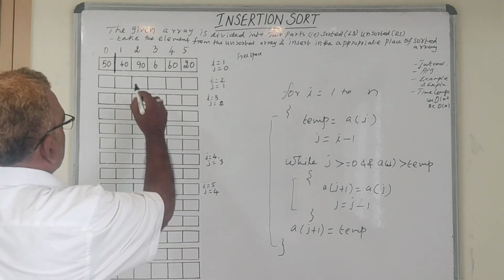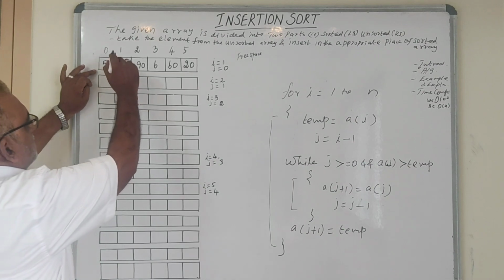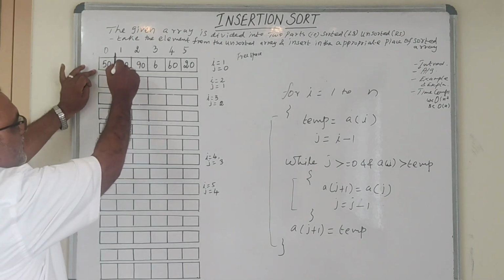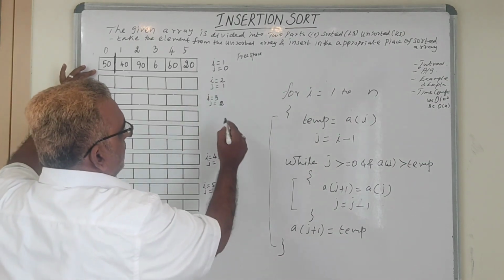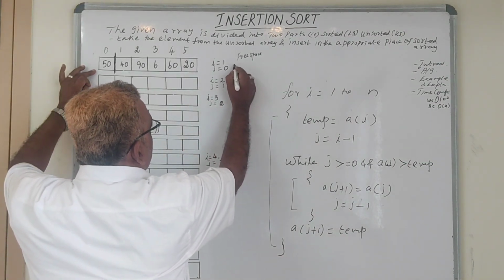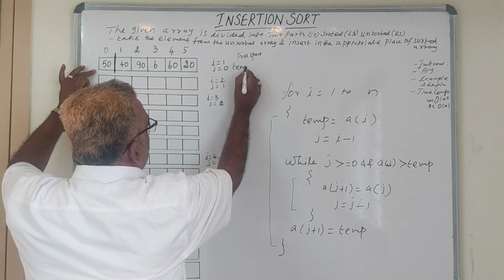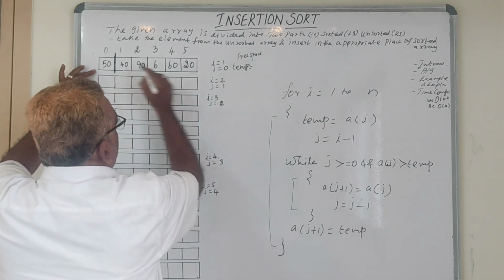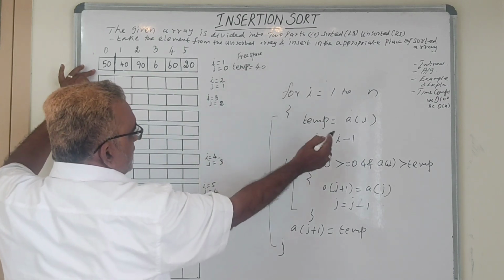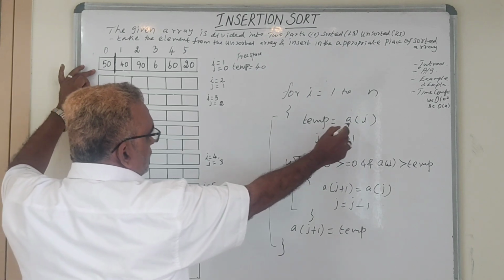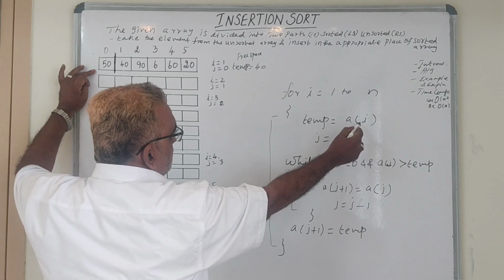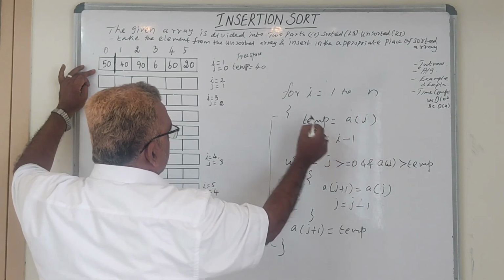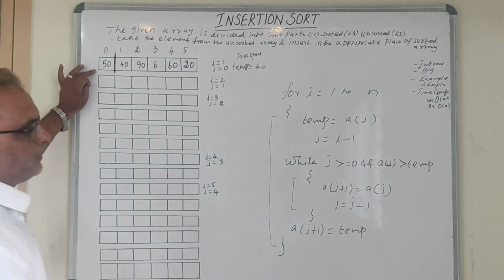Initially we take the first element of the unsorted array and store it in the variable temp. So here temp is equal to 40. We take i equal to 1, so we are storing a of 1 in the variable temp.